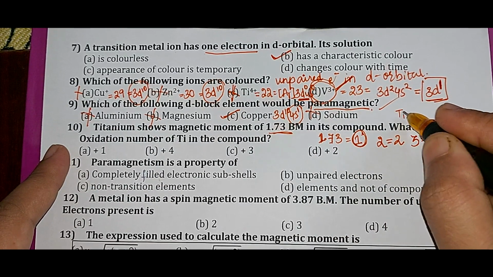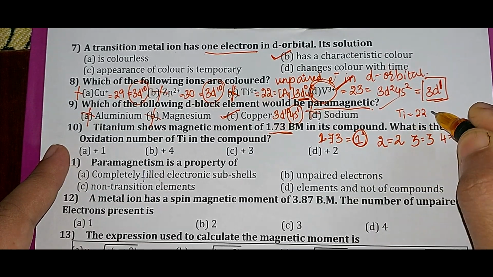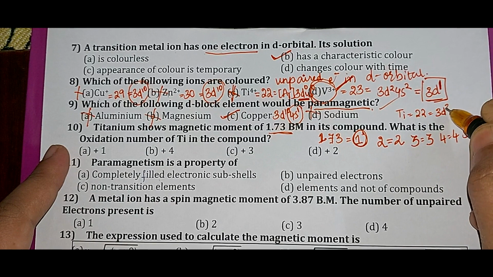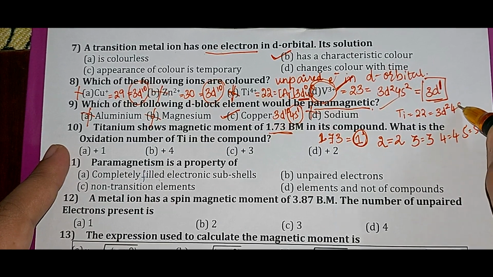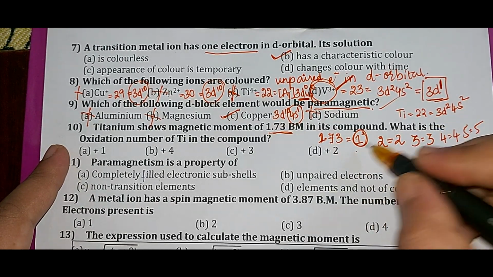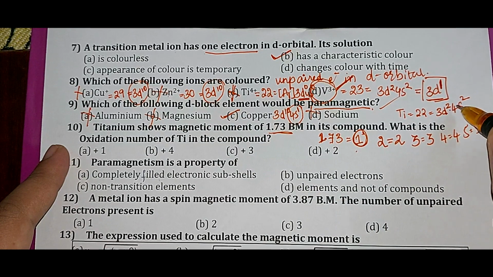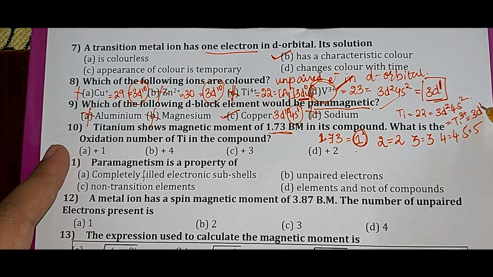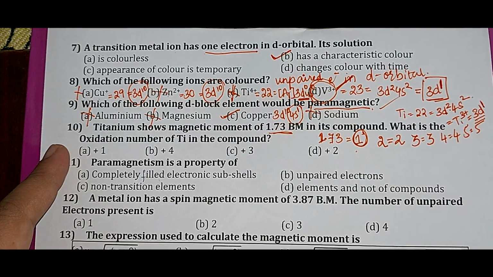Titanium atomic number is 22. Its electronic configuration is 3d2 4s2. Now we need only 1 unpaired electron in d orbital, that means the remaining 3 are removed. So when titanium is in the +3 oxidation state, we get the electronic configuration as 3d1.